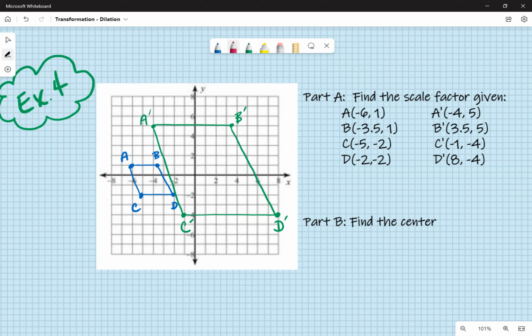Horizontally, looking at AB, I went over 1, 2.5. So I see 2.5 there. And then A prime to B prime, I went over 1, 2, 3, 4, 5, 6, 7.5.